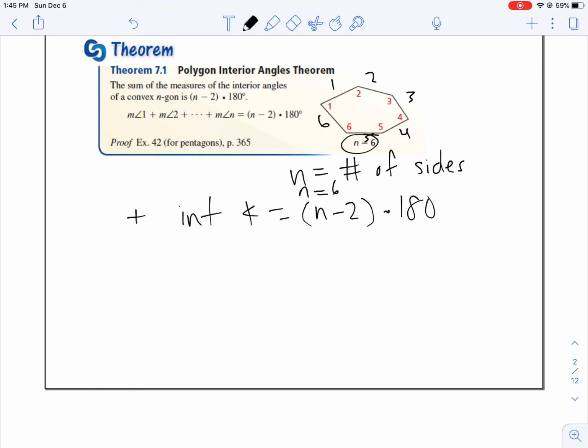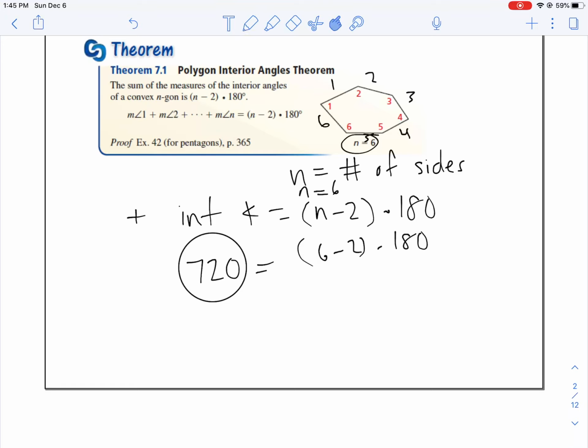So if we wanted to find the sum of the interior angles, we would just go 6 minus 2 times 180. So the sum of the interior angles would be 720. Easy enough, right? Number of sides minus 2 times 180.